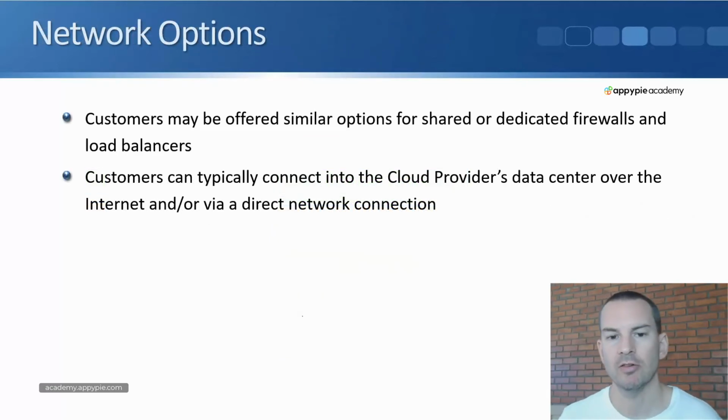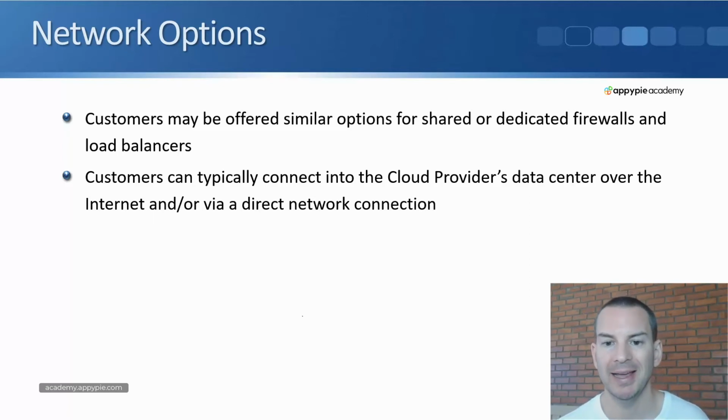Moving on again, just like the customer may be offered options for shared or dedicated servers, they can also be offered options for shared or dedicated network infrastructure appliances like the firewalls and the load balancers. Again, it depends on the particular cloud provider if they're going to offer those options or not.